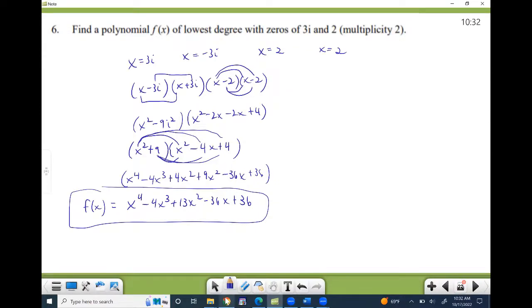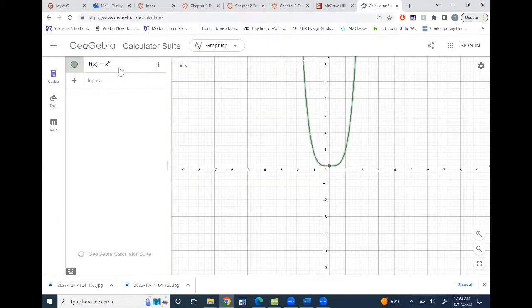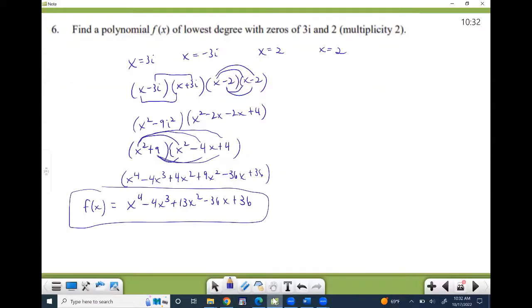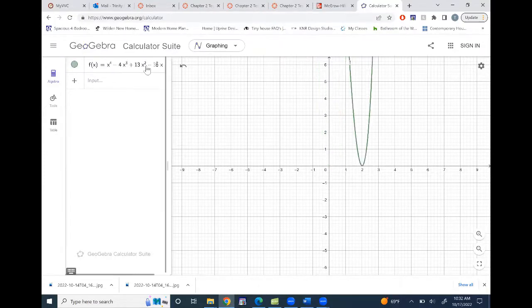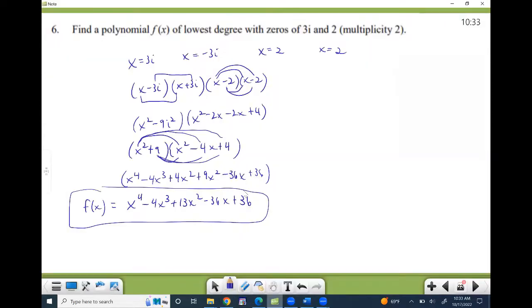Minus 4x cubed plus 13x squared, and then minus 36x plus 36. Look at that. Okay, it does have a 0 of 2, and since it's a touch and not a cross point, we do know that it's even multiplicity. So this looks great.